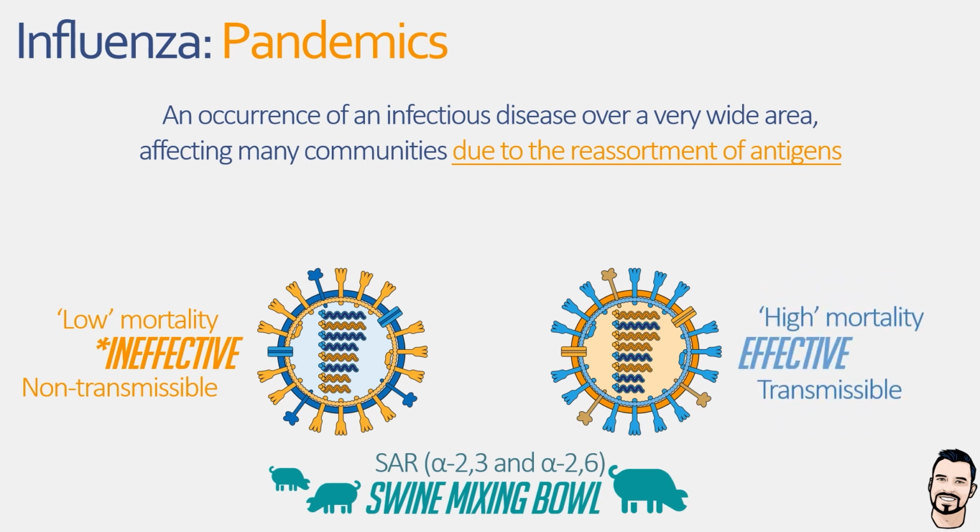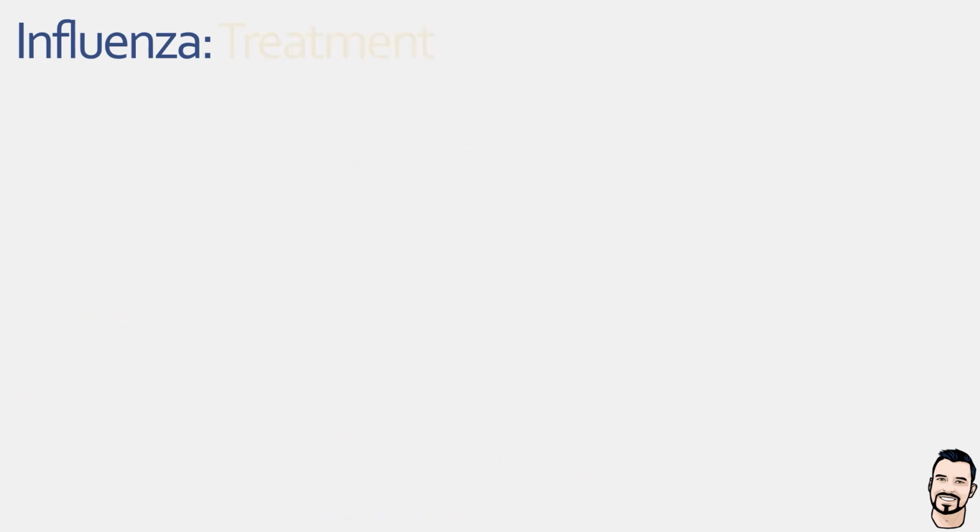Alternatively though, it might become even more effective as a virus, with high mortality rates and increased transmissibility rates. And this might lead to a pandemic, as we would be immunologically unprepared, meaning our bodies have never seen such a virus, and it would therefore be more likely to spread and cause disease amongst different populations.